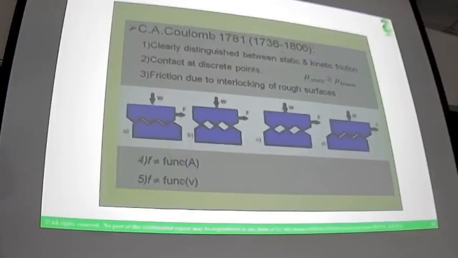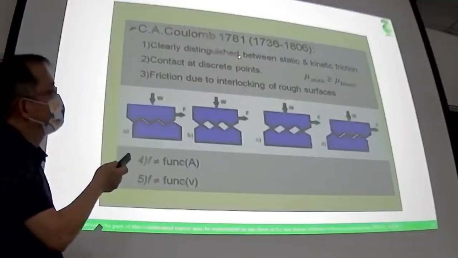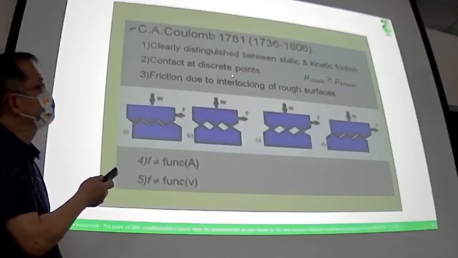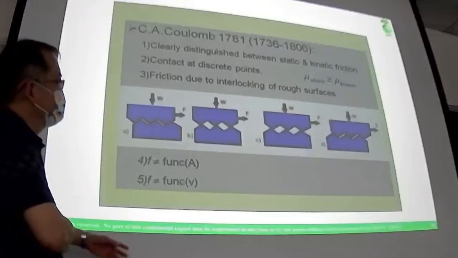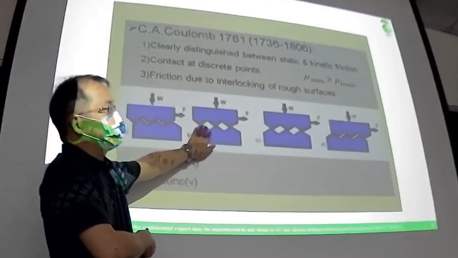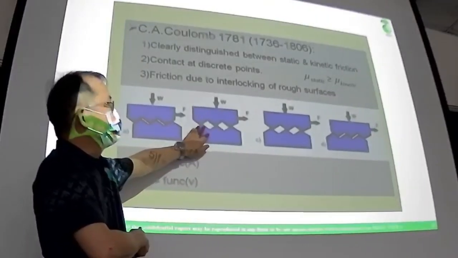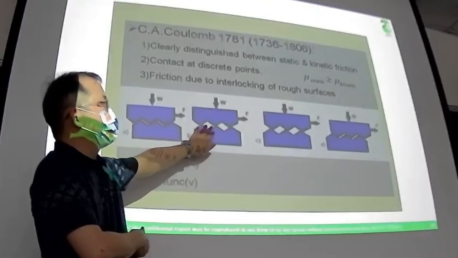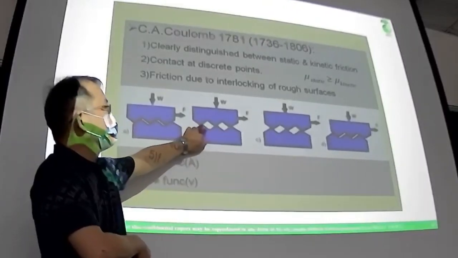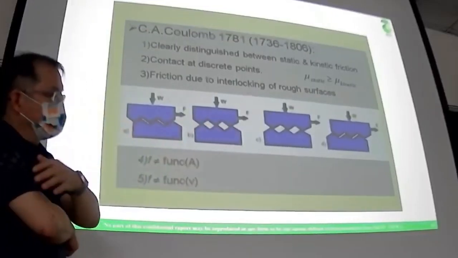This is assumed by Coulomb in the 18th century, because the top surface is not really flat, so you have asperities and valleys at this moment. So the contact is only at discrete points.